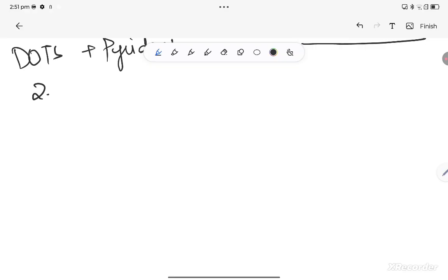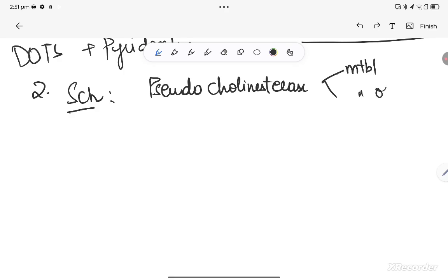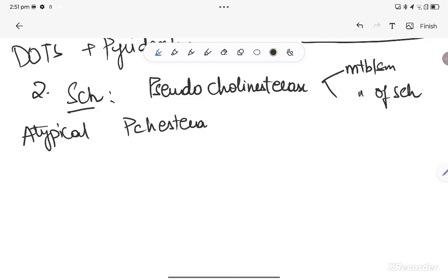Then, usually succinylcholine, which is a muscle relaxant, is metabolized by pseudocholinesterase. This pseudocholinesterase has two main functions: metabolism of choline, acetylcholine in the GIT, as well as metabolism of succinylcholine. Clear? Now, some patients show atypical pseudocholinesterase, because of which succinylcholine metabolism will be delayed.